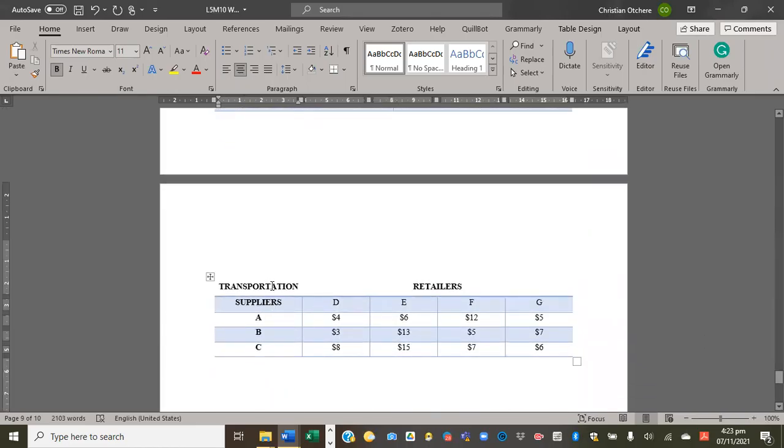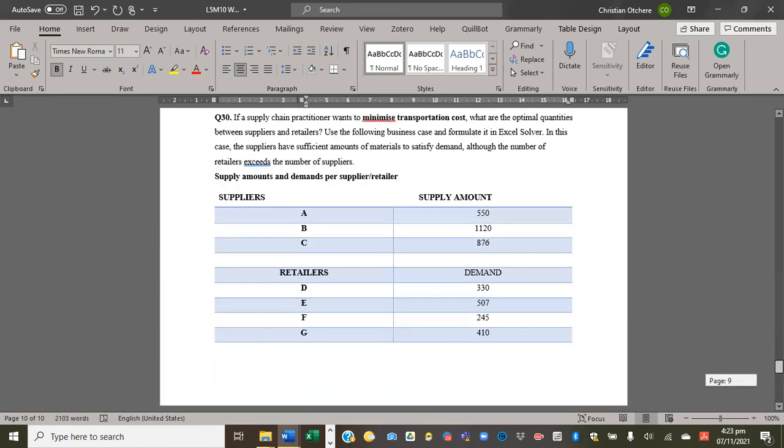And here you have the suppliers. You have the retailers. In the book, we looked at suppliers and location.